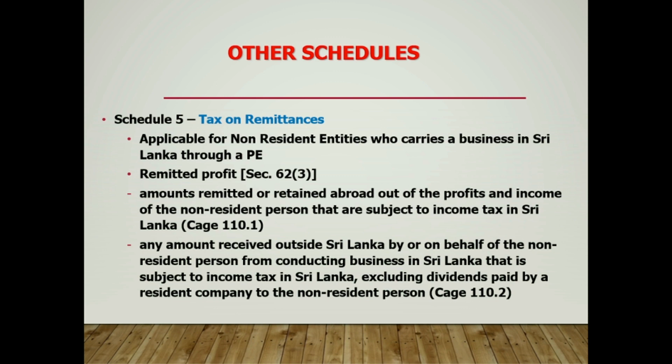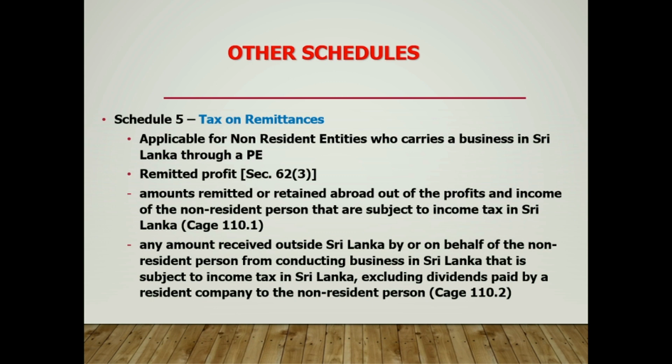As defined in section 62 subsection 3, remitted profit means amounts remitted or retained abroad out of the profits and income of the non-resident person that are subject to income tax in Sri Lanka.